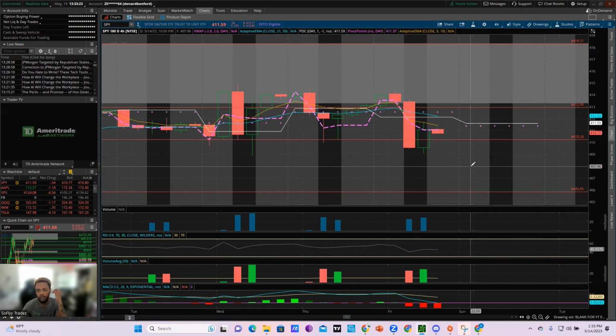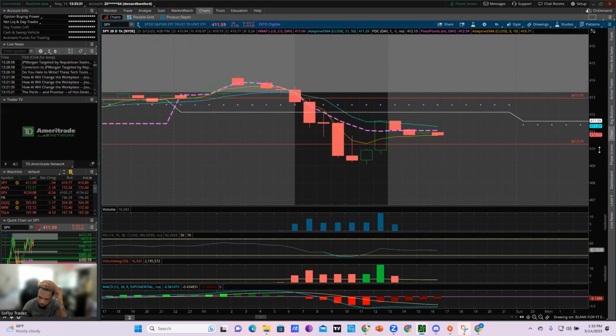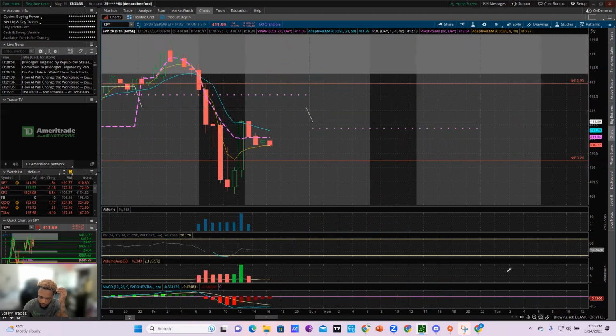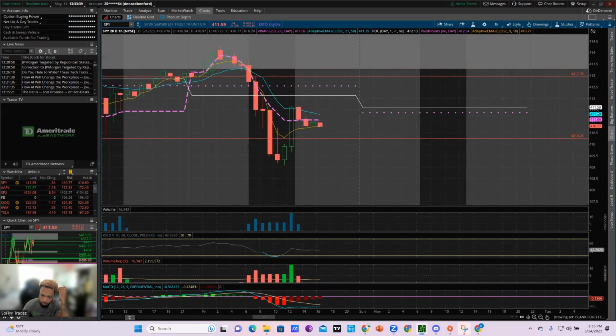I also need to see what SPX looks like in conjunction with SPY when I take my trades, just to make sure everything is lining up. Because I noticed sometimes SPX is looking good for puts, but SPY isn't. I noticed that if they're not both lining up, then buyers can sometimes step in.